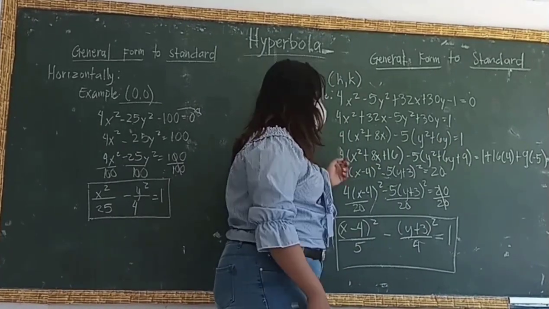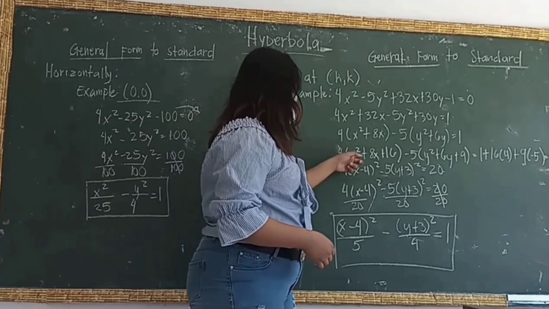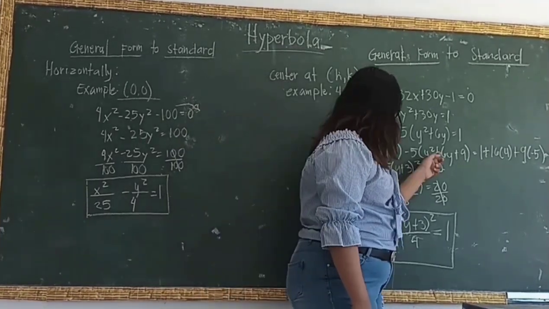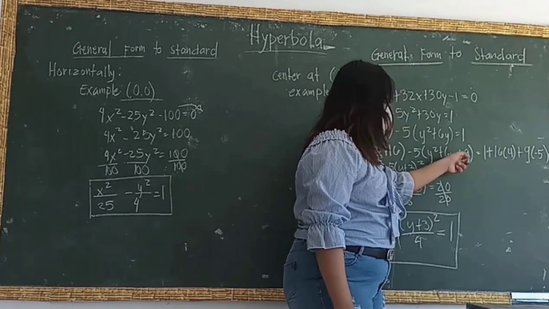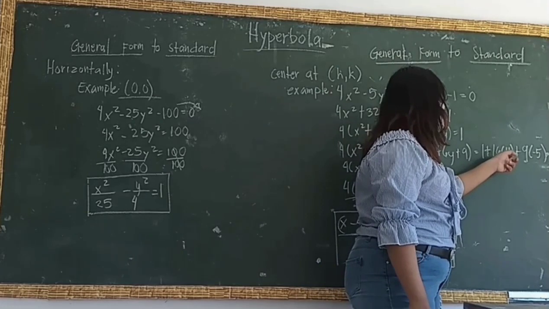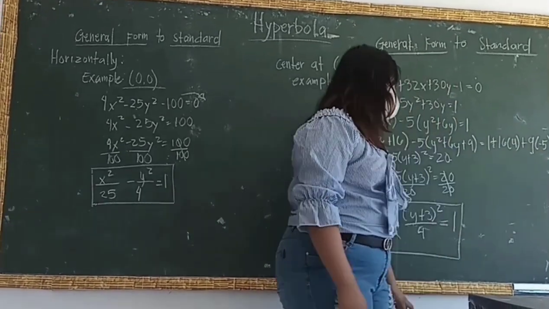Then we proceed to the step of completing the square. 4 quantity of x squared plus 8x plus 16 minus 5 quantity of y squared plus 6y plus 9 is equal to 1 plus 16 times 4 plus 9 times negative 5.